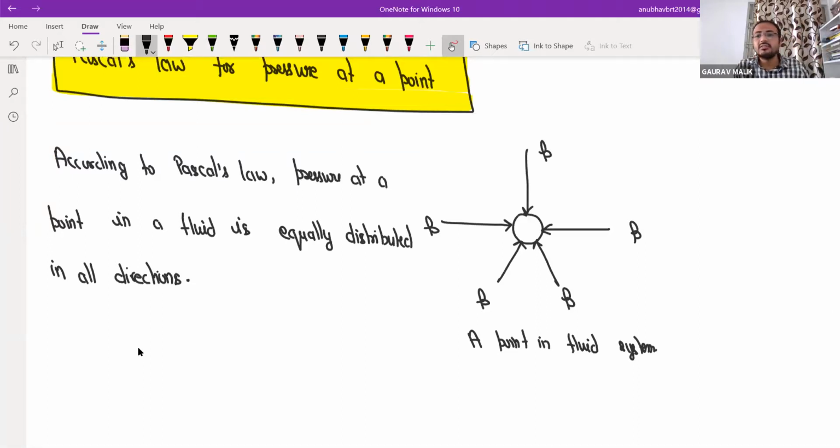And is pressure a vector or scalar? In the next 2 days, I will remove your fear, because students have a lot of fear in their mind to calculate the pressure.